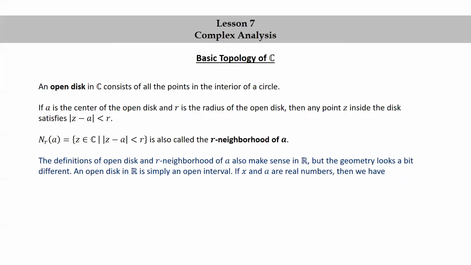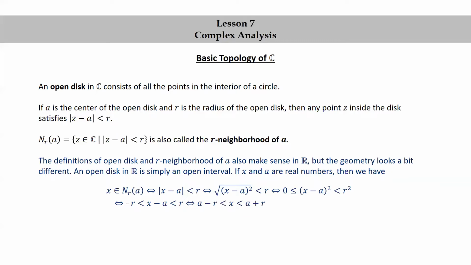If X and A are real numbers, then we have X in N sub R of A if and only if the absolute value of X minus A is less than R, if and only if the square root of the square of X minus A is less than R, if and only if 0 less than or equal to the square of X minus A is less than R squared, if and only if X minus A is between negative R and R, if and only if X is between A minus R and A plus R, if and only if X is in the open interval A minus R, A plus R.